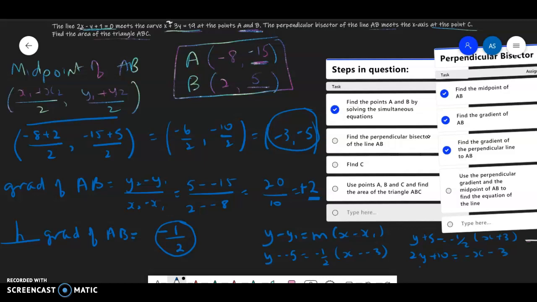Again, I'll get 2y plus x, bring this over, plus 13 is equal to 0. So this, everybody, is the equation of the perpendicular bisector. And I've completed this part, and so this one could check off as well. Now we need to go ahead and find C.